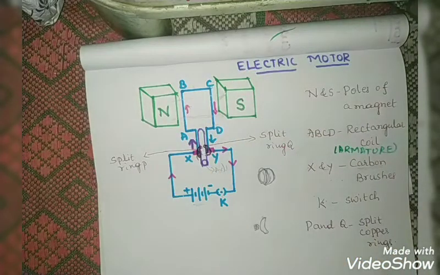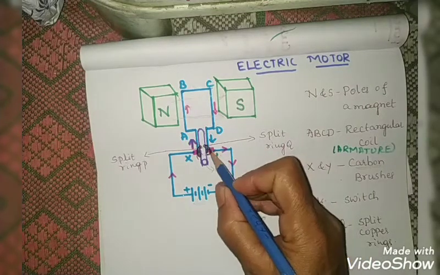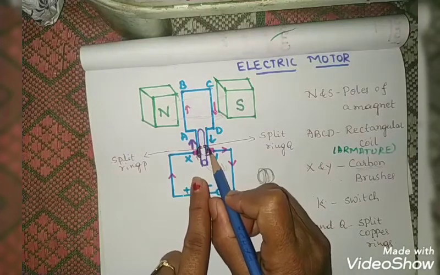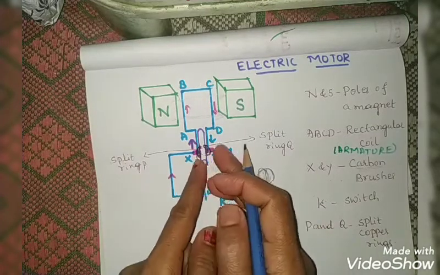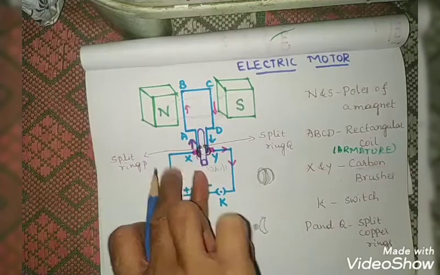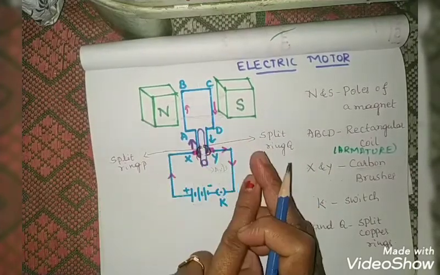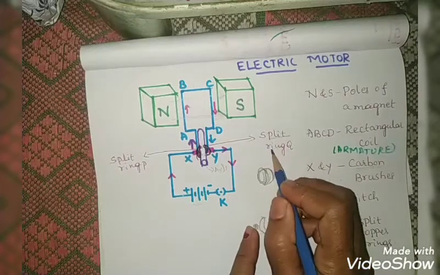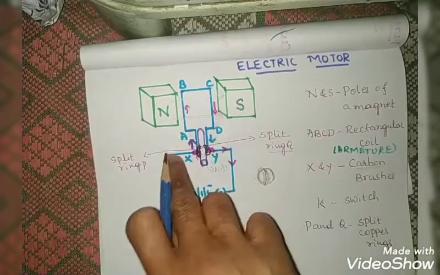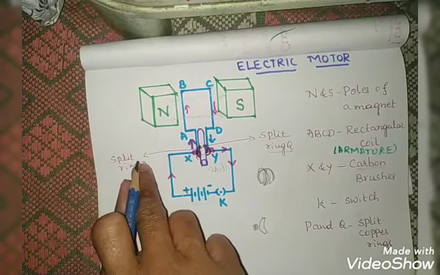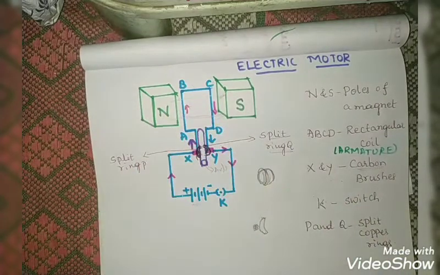Now the Q makes contact with brush X. This is Q, children, split ring. This moves to this side. And this P split ring moves to this side. At half rotation, the split ring Q makes contact with X and split ring P makes contact with Y.